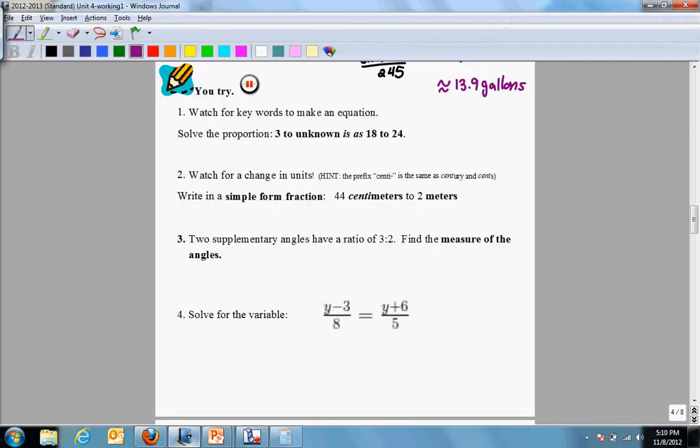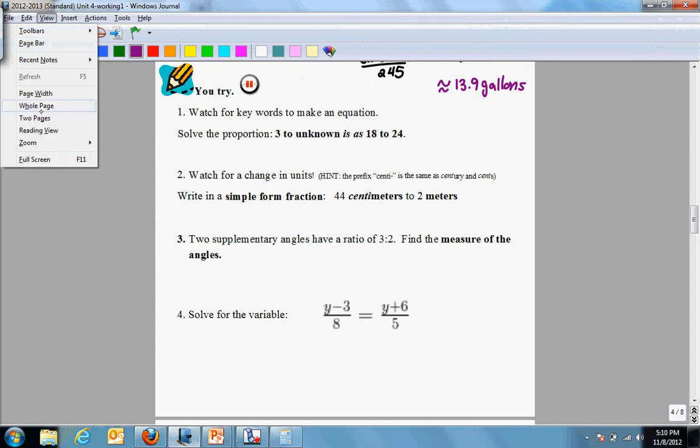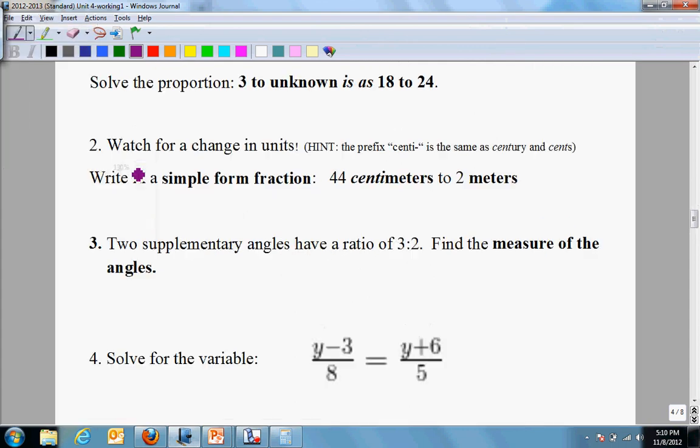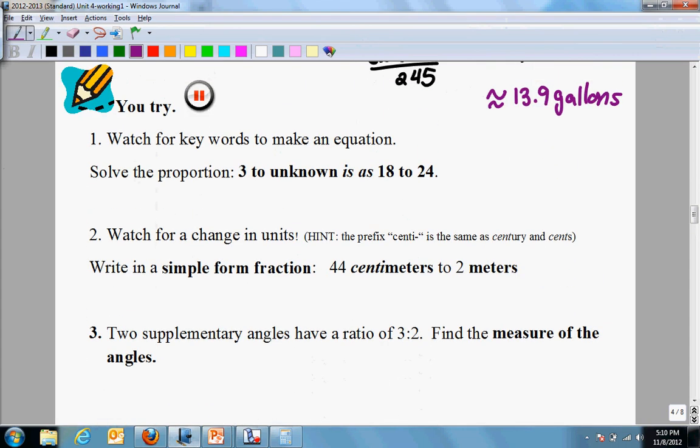Okay, let's see how you did here. We're going to solve for this proportion. It says 3 to an unknown is as 18 to 24. The 2's are the fraction, is an equal sign. So we should have 3 to an unknown is as 18 to 24.